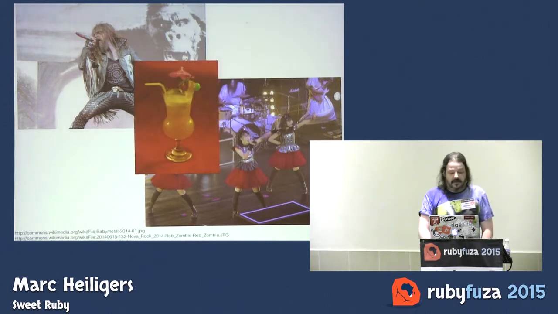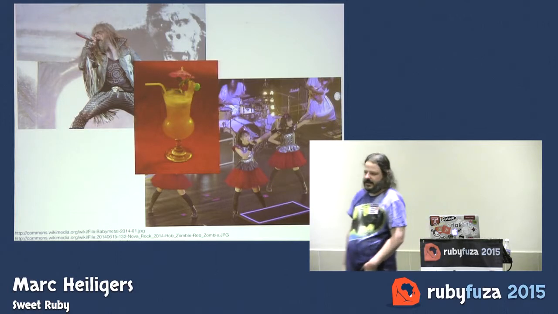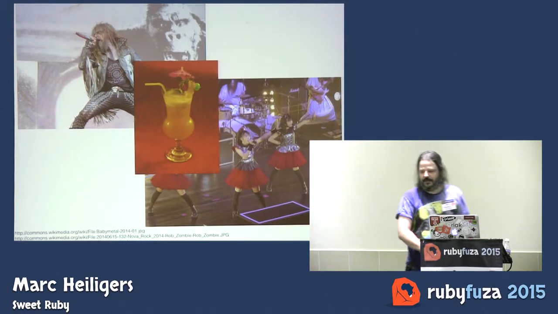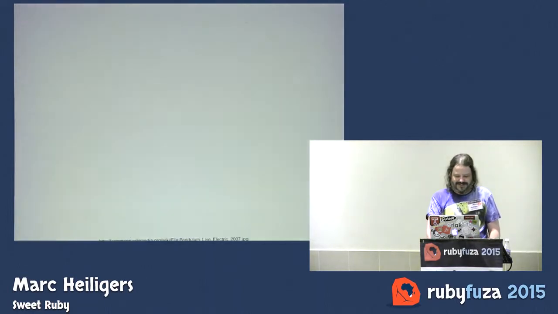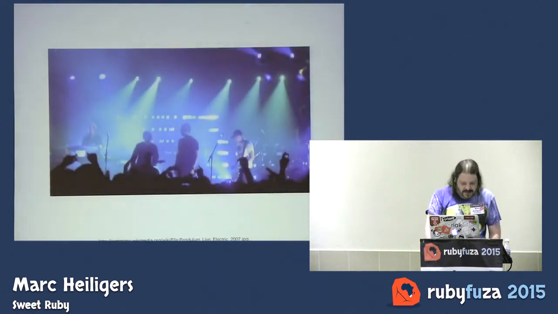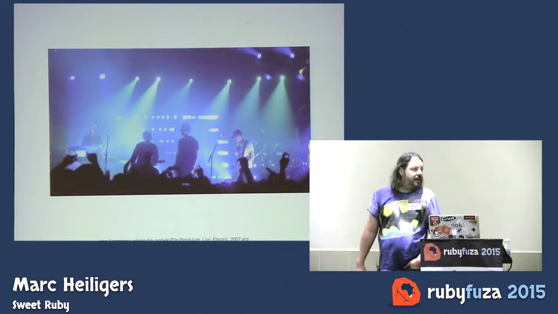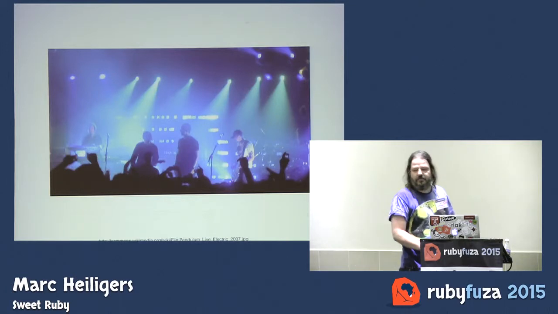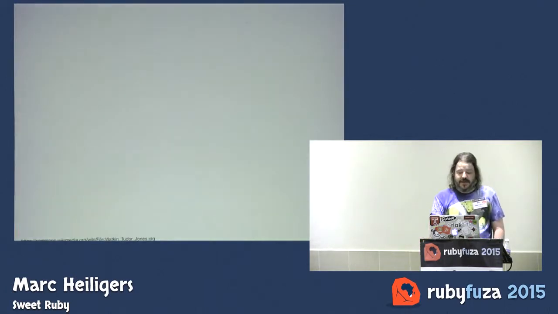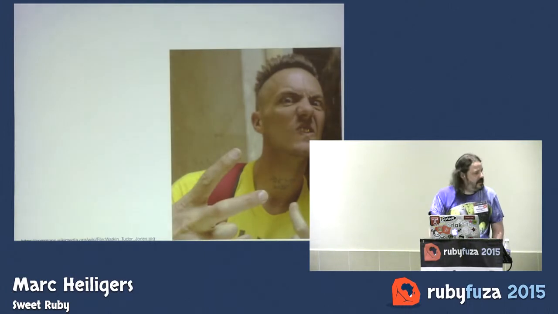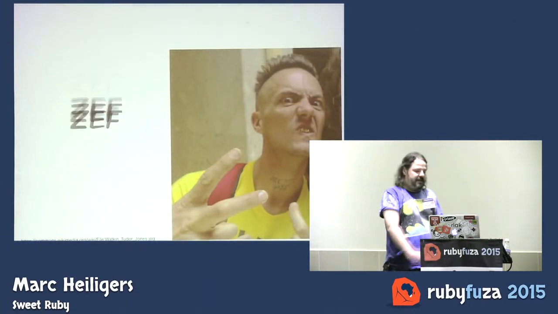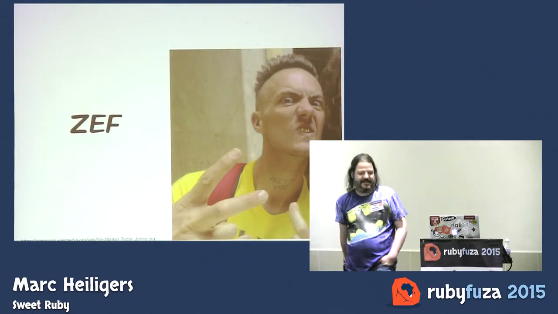And this apparently is a zombie cocktail, which might be what Rob Zombie drinks. And finally, this is a band called Pendulum, which is a drum and bass band. So, just for completeness' sake. Oh wait, there's one more. Here we have Ninja from Die Antwoord, and he's Zef.